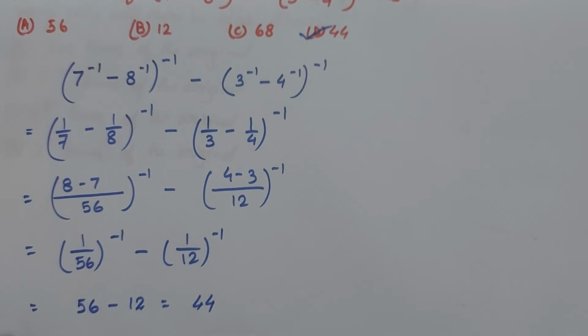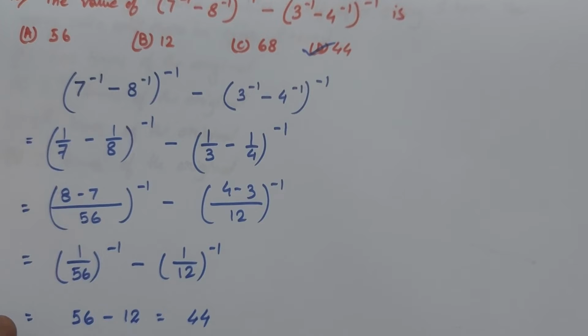Now let me explain it again. We need to determine the value of 7 to the power minus 1 minus 8 to the power minus 1 whole to the power minus 1, minus 3 to the power minus 1 minus 4 to the power minus 1 whole to the power minus 1.